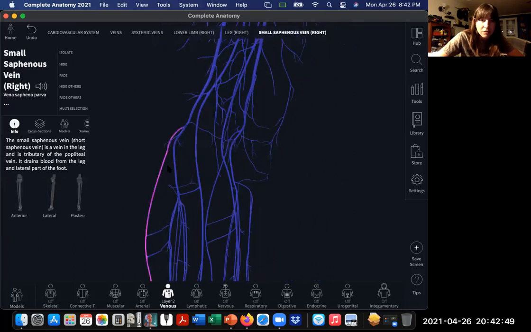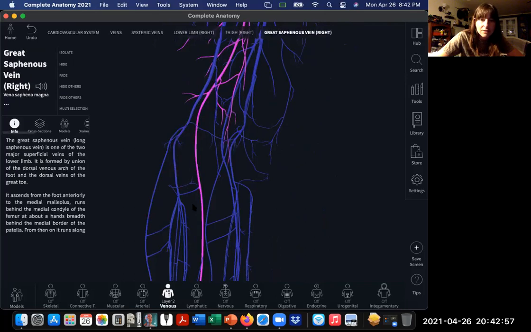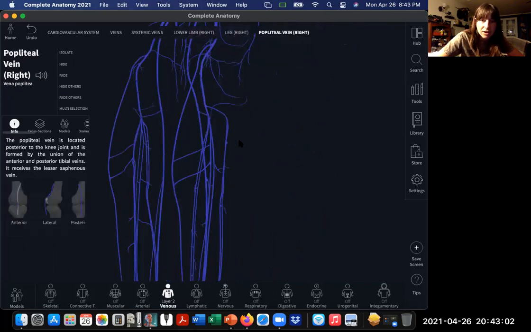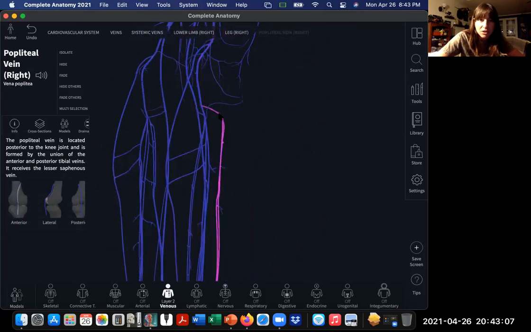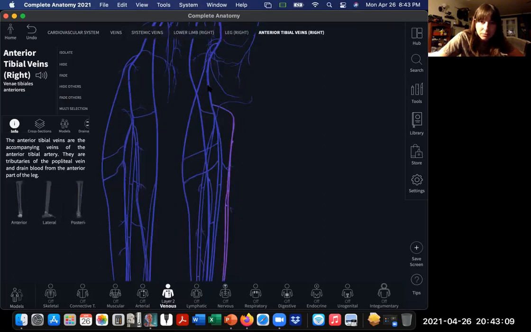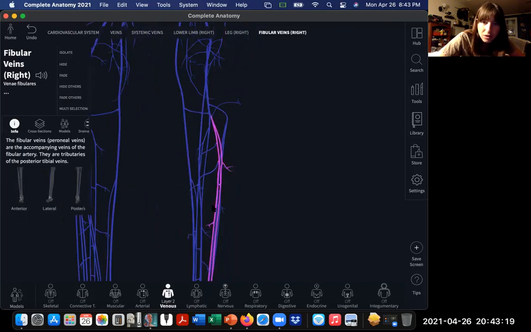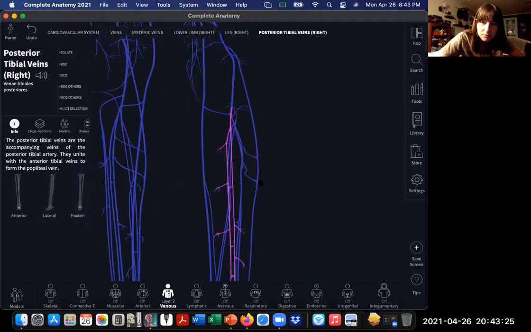So you have small saphenous, popliteal, great saphenous. The popliteal is going to branch down here into the ones we are familiar with from the arterial side, which is your anterior tibial, fibular, which is going to go off to the lateral side, and your posterior tibial vein.